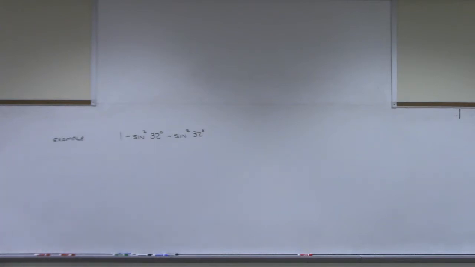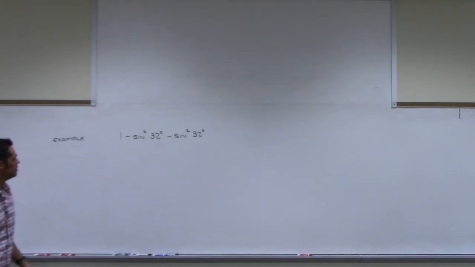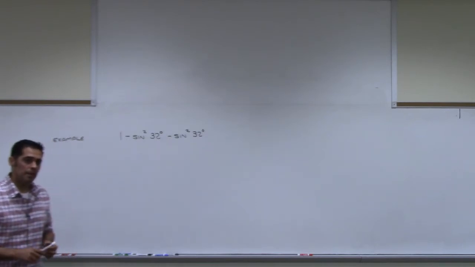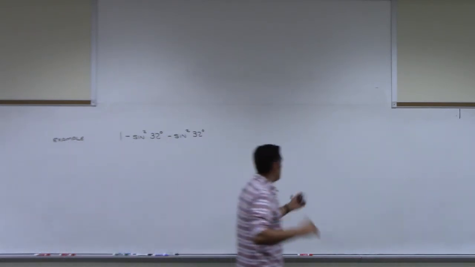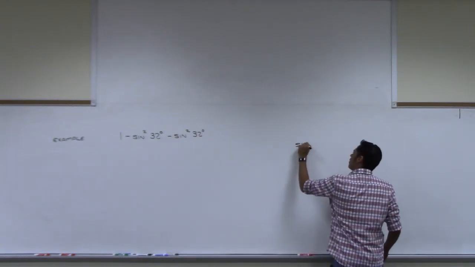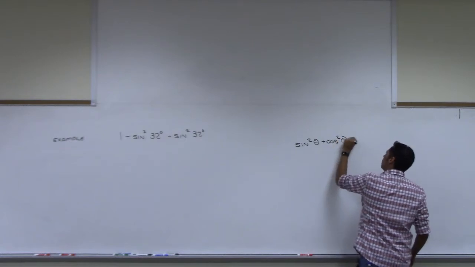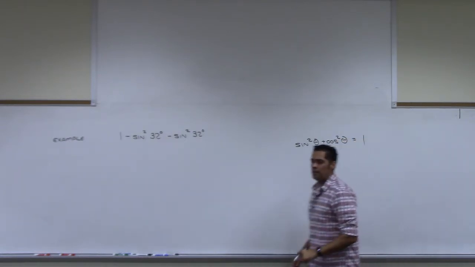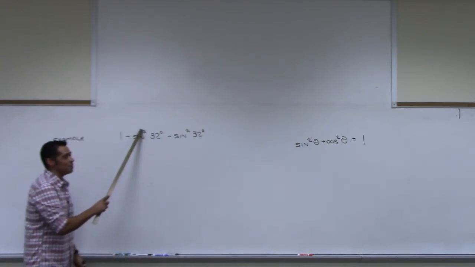Does anyone see anything in here that's sparking something in your mind? Sine squared theta plus cosine. Okay, so you see the Pythagorean identity in here somewhere. Excellent. It should make you think that, because you've got sine squared.